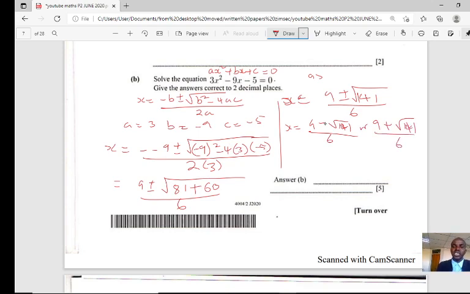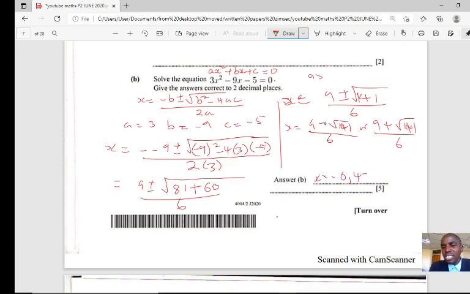Now simplify using your calculators. You have to know how to punch this in your calculator. Use brackets, please. So you say bracket 9 minus the square root of 141, then you close your bracket, then divided by 6. That's what you do. It will be x is equal to minus 0.479 to 3 significant figures.